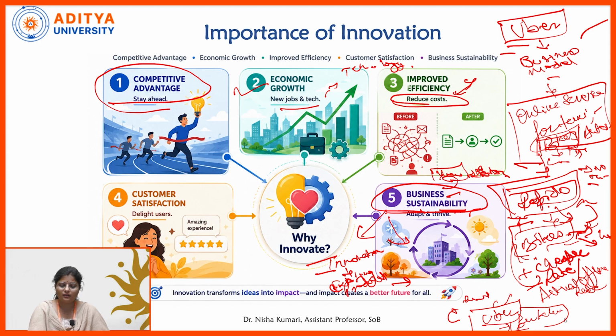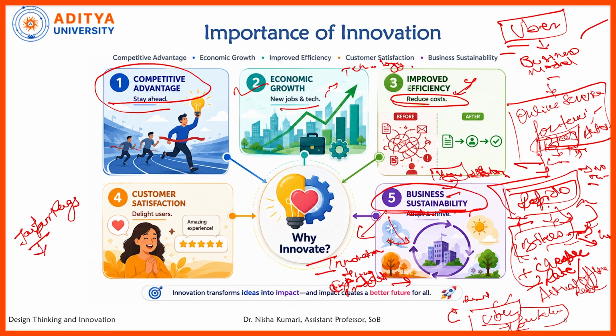If we talk about business sustainability, there is a company, Jaipur Rugs. They are creating carpets. In that, they have both machine made as well as handmade, but the majority is handmade.